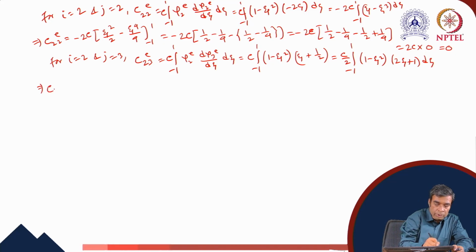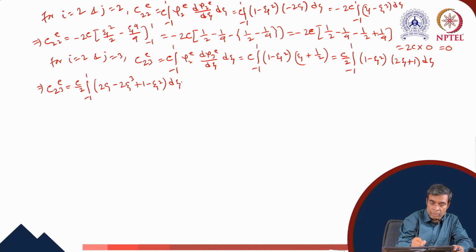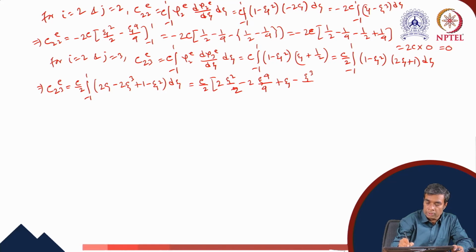This leads to C23e equals c by 2 integration from -1 to 1 of 2 xi minus 2 xi cube plus 1 minus xi square d xi, equals c by 2. Then we have 2 into xi square by 2 minus 2 into xi to the power 4 by 4 plus xi minus xi cube by 3 from -1 to 1.